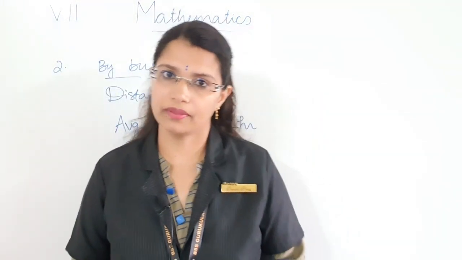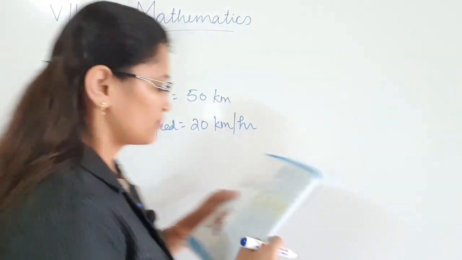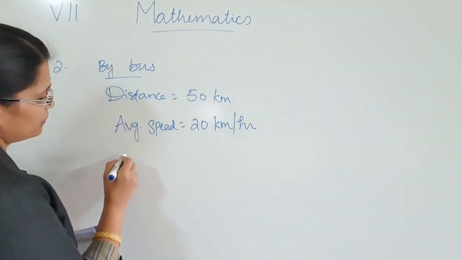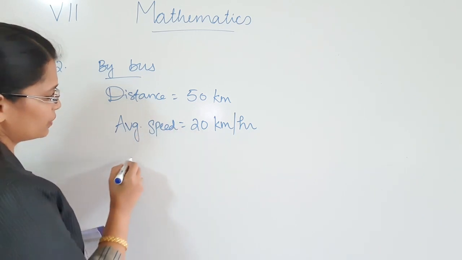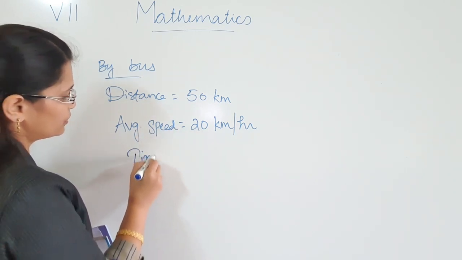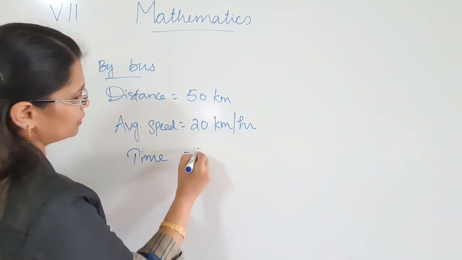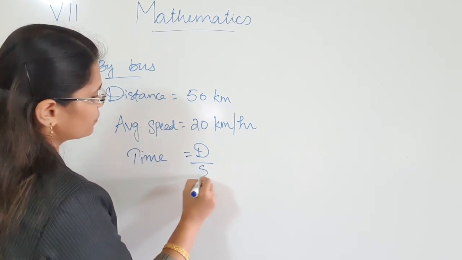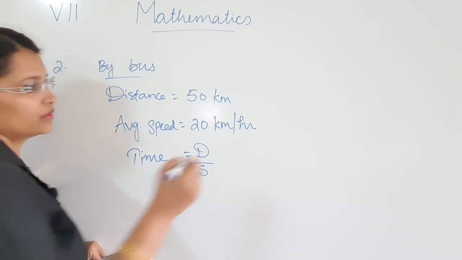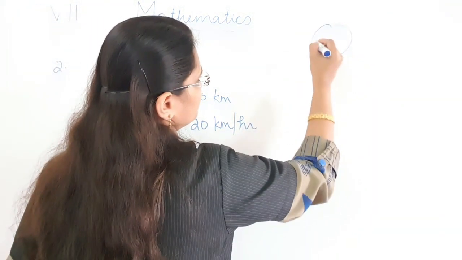So, how to find out time here? Distance is given, average speed also given. So, how to find out time? Time is equal to distance divided by speed. Do you remember that?